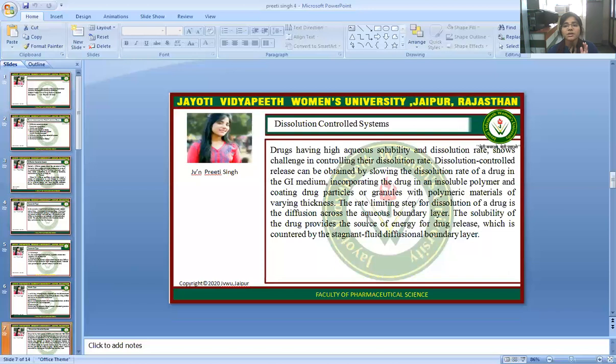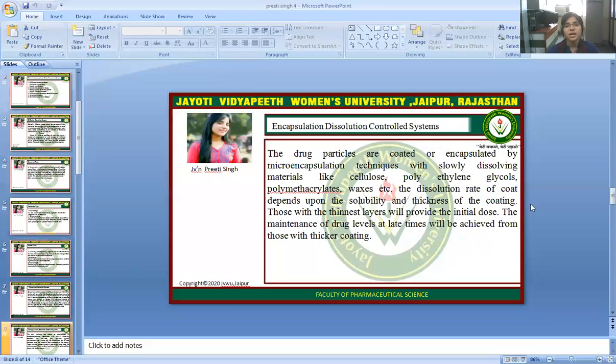The rate limiting step for dissolution of a drug is the diffusion across the aqueous boundary layer. The solubility of the drug provides the source of energy for drug release, which is countered by the stagnant fluid diffusion boundary layer.